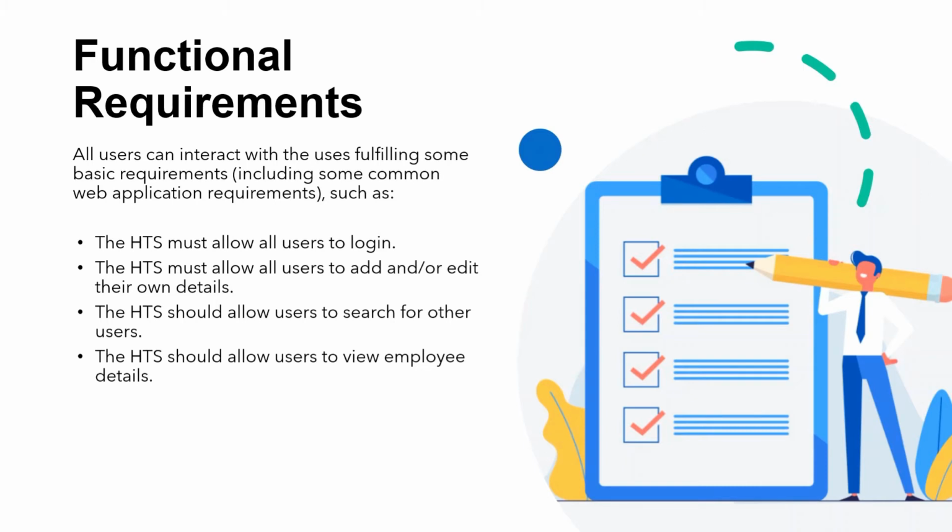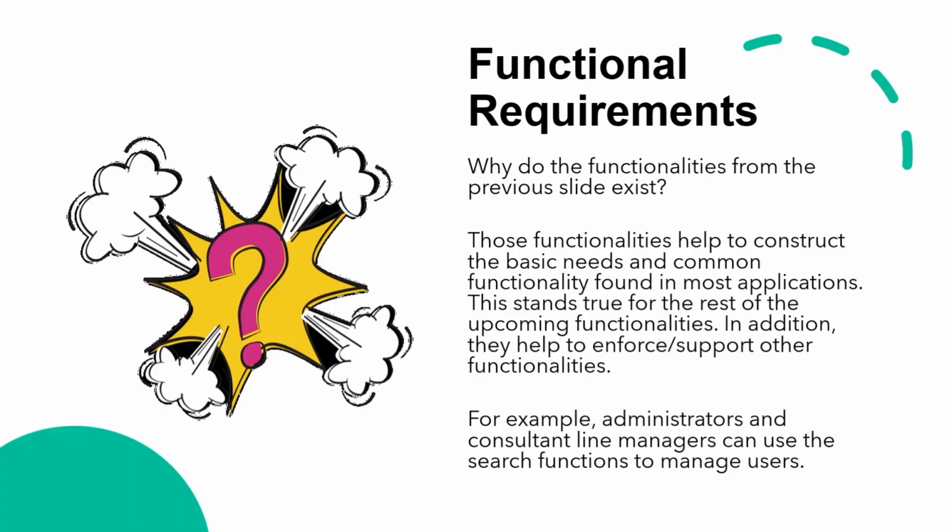The system must allow users to search for other users, and the system must allow users to view employee details. These functionalities are some of the core functionalities that exist in most web applications, and some are extensions to other functionalities. For example, the search functionalities are used to manage timesheets and to manage users.